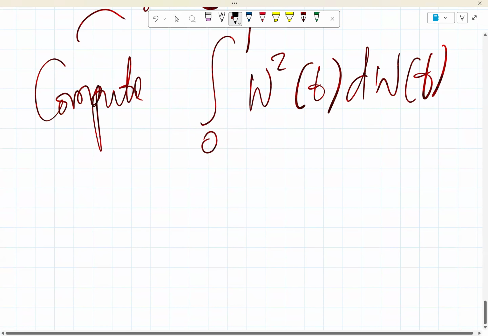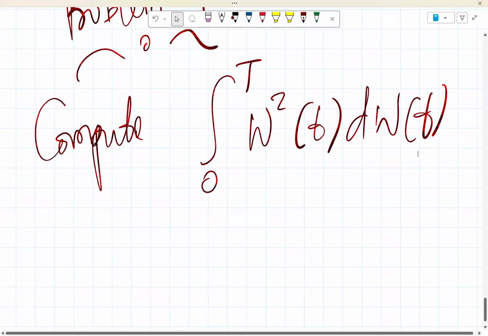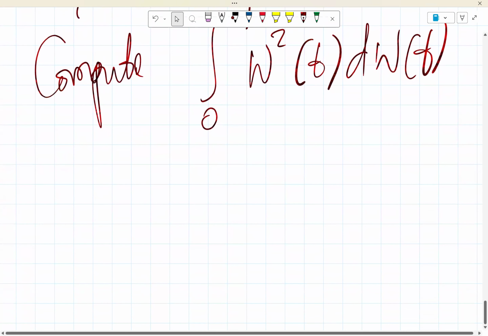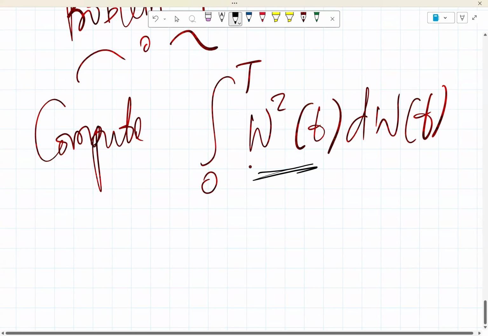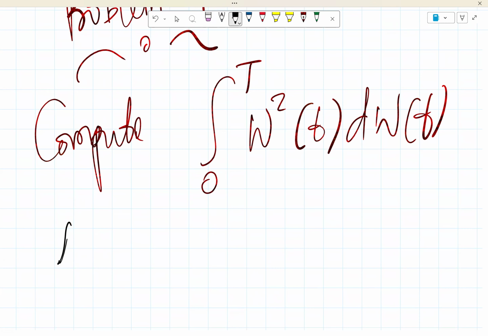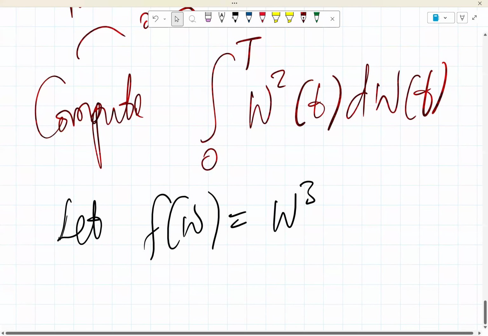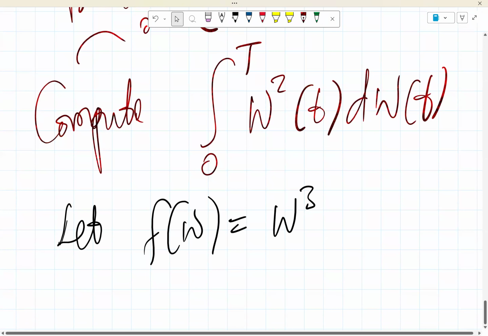Just like when we wanted to compute the integral of w of t dw(t), we had to take f of w to be w squared. But in this case, from the w squared that I see here, we need to let f of w be w cubed. Because applying Ito's lemma, that's how it's going to play out.